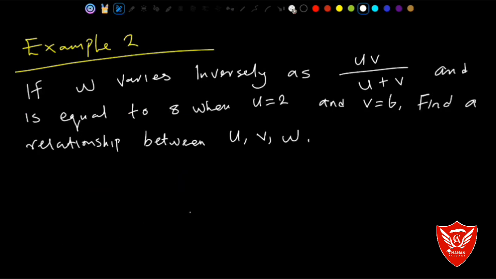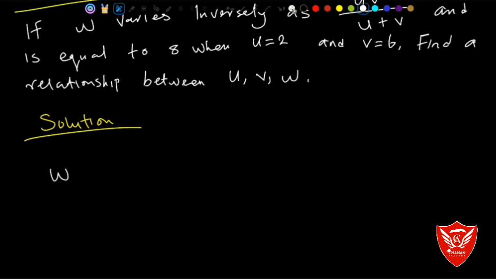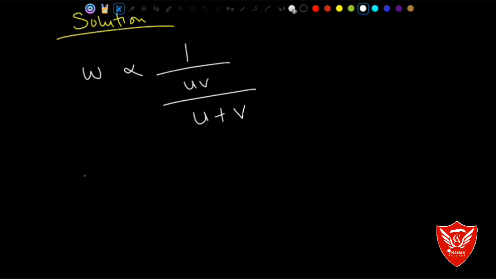The second question says, if W varies inversely as UV over U plus V, and is equal to 8 when U is 2 and V is 6, find a relationship between U, V, and W. Solution. We have that W is inversely proportional to UV over U plus V. So let us introduce the constant of proportionality.